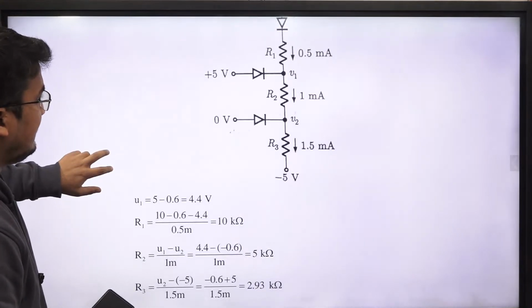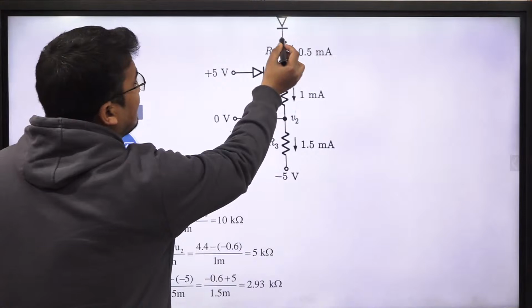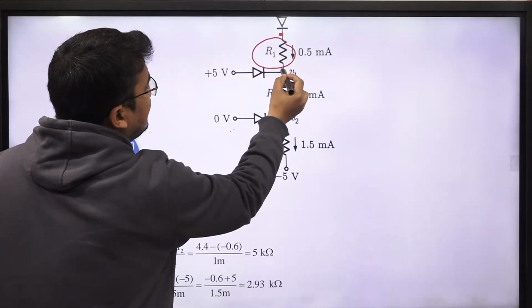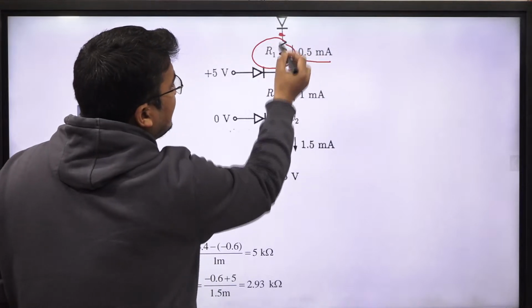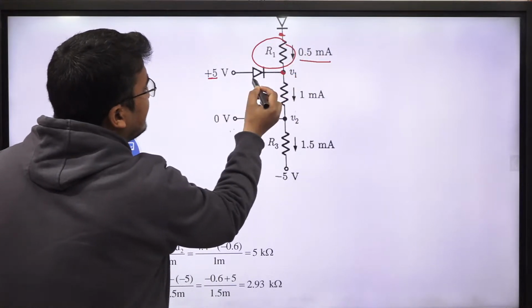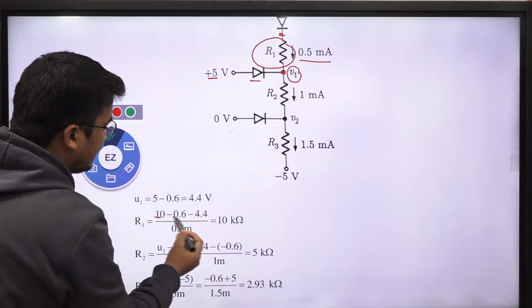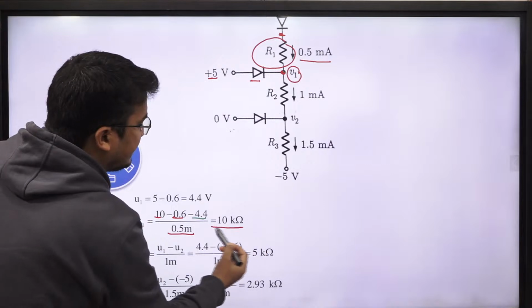Now I will go for the calculation. If you're asking for the R1 value, it will be this voltage minus this voltage divided by this current. This voltage will be 5 minus 0.6, that is 4.4. So 10 minus 0.6 minus 4.4 upon 0.5 milli, and you get 10 kilo ohm.